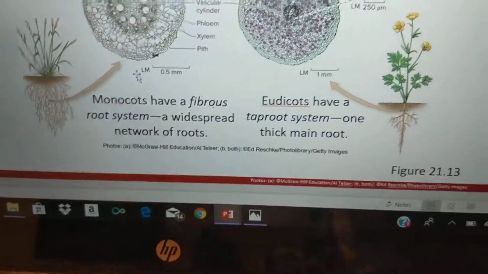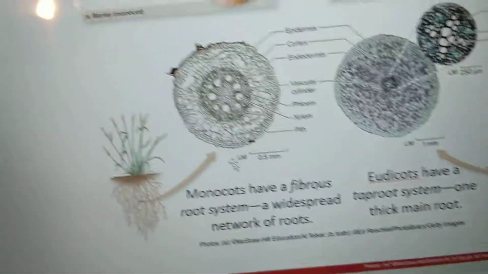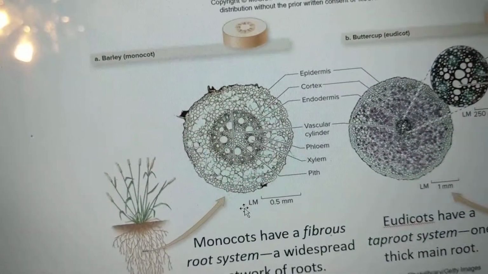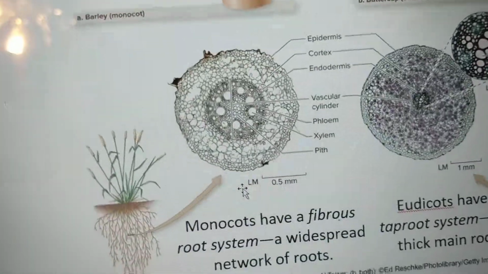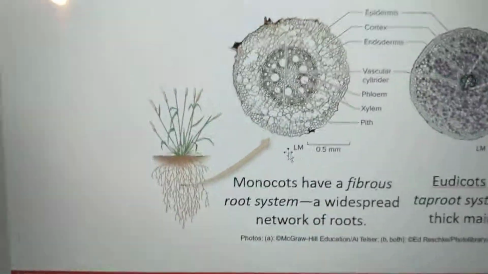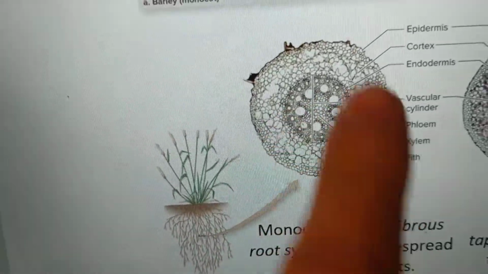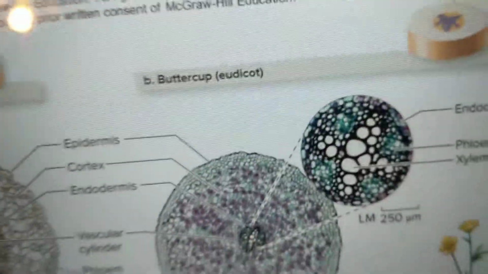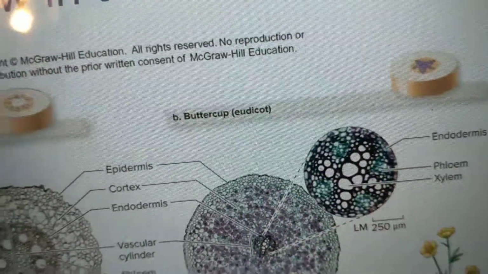Okay, continue forward. Now, the inside of the root is different in monocots and dicots. In monocots, there's a ring right here. In dicots, there's a little circle with an X pattern on it.